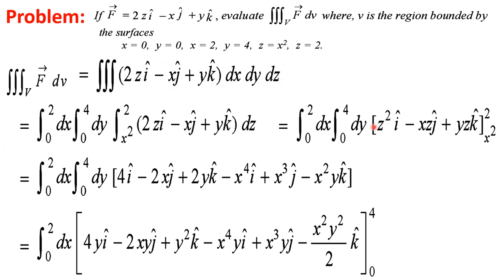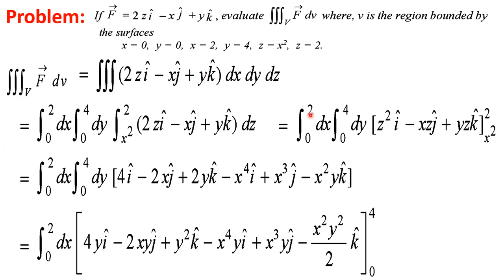So I'll get this term. Similarly, here I do not have any z, so integrating this with respect to z will just give me a z. And here again, we do not have any z, so integrating this with respect to z will give me just z.